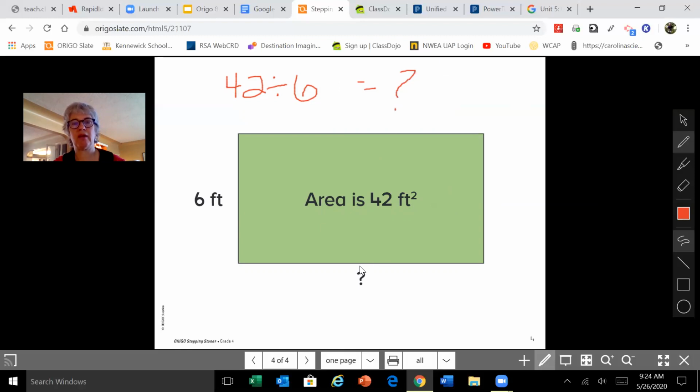Okay, my other side, that's this number. Or I can go 6 times blank equals 42. Well, again, because I know my multiplication, I know that 6 times 7 equals 42. So my mystery side is going to be 7.